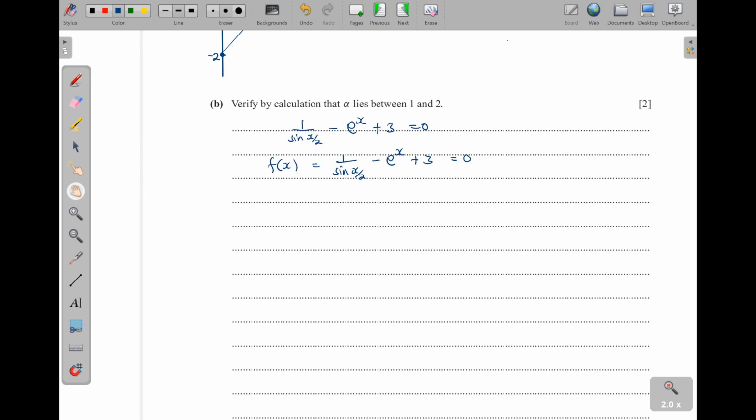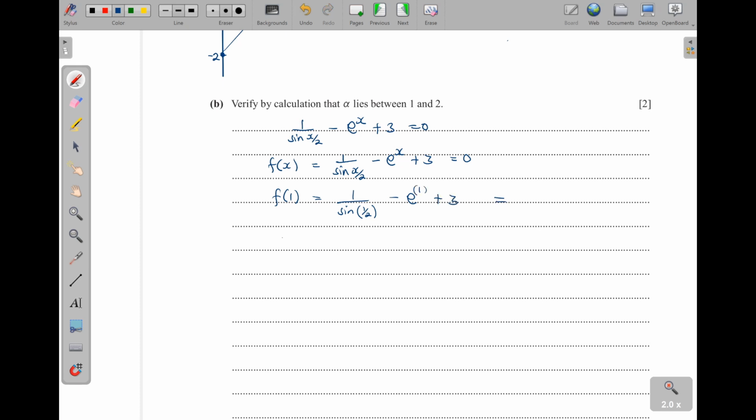Then I can substitute in these values. When I substitute 1, what do I get? 1 over sine of 1 over 2, and where you see trigonometrical functions, you put your calculator in radians, then plus 3.